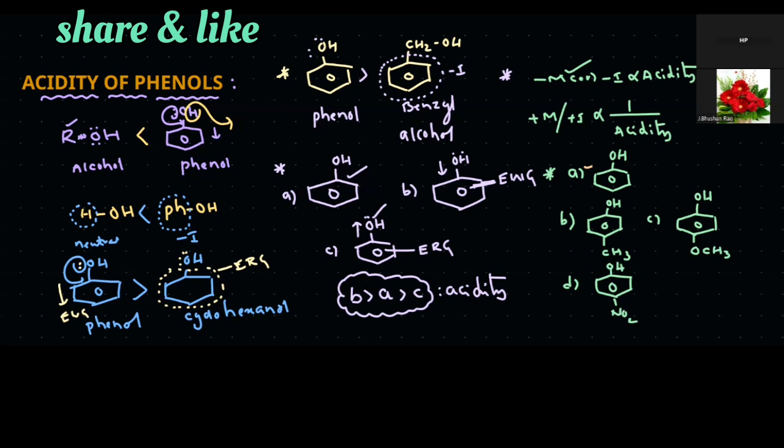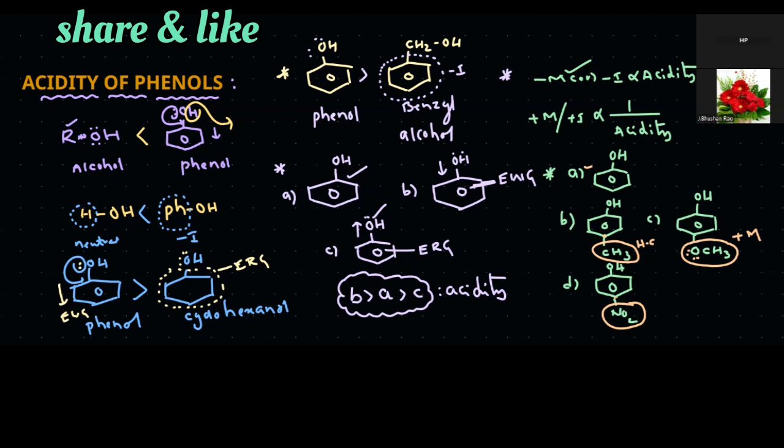If a CH3 group is attached to phenol, only hyperconjugation is present. Then coming to C, the OCH3 group. Here the OCH3 group means two lone pairs of electrons are present on the oxygen. Now this group acts as a plus M group. Next coming to D, here the NO2 group is attached to the benzene directly. Now only a minus M group is present.